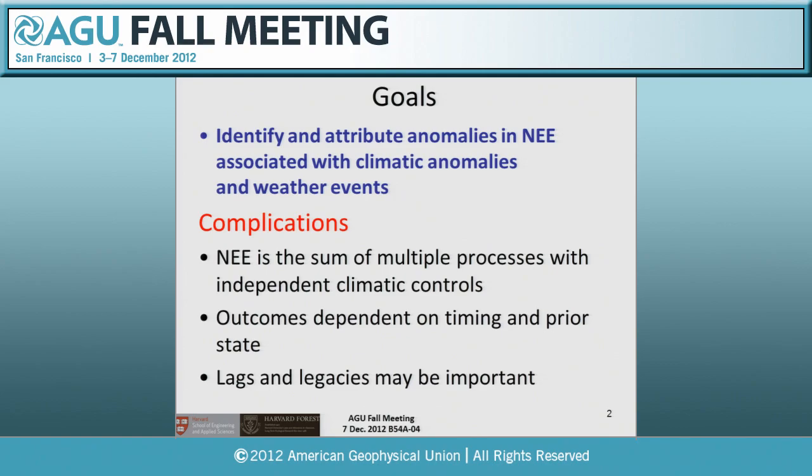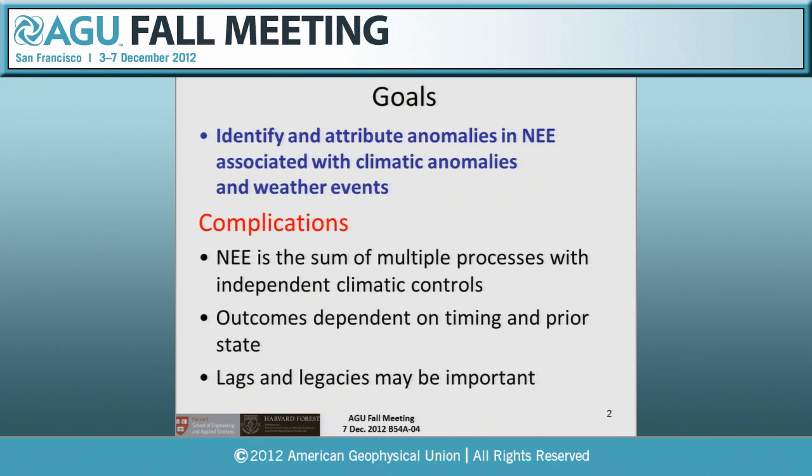So in trying to attribute NEE to any one thing, you have to be aware that, say, warmth might affect the uptake and the respiration part independently. And as I'll show you, the outcomes from a particular anomaly depend a lot on the timing of when that anomaly occurs and what the prior state was.